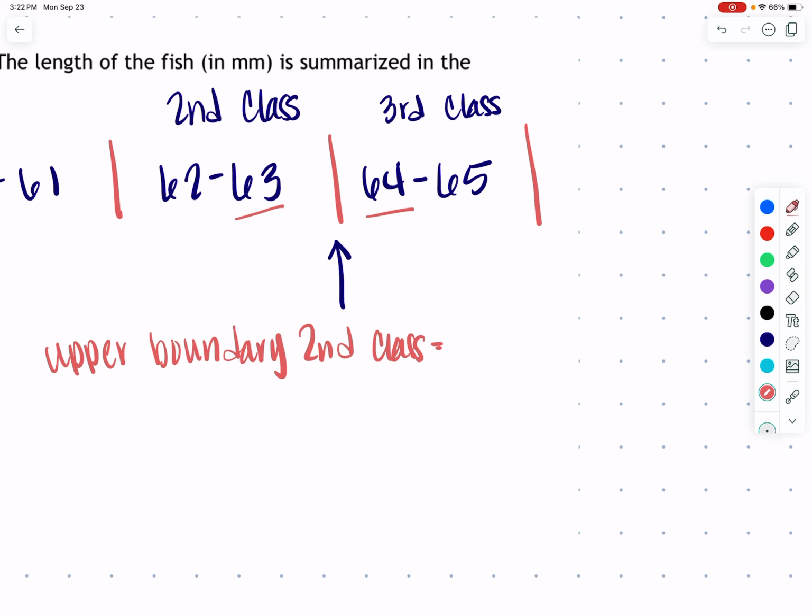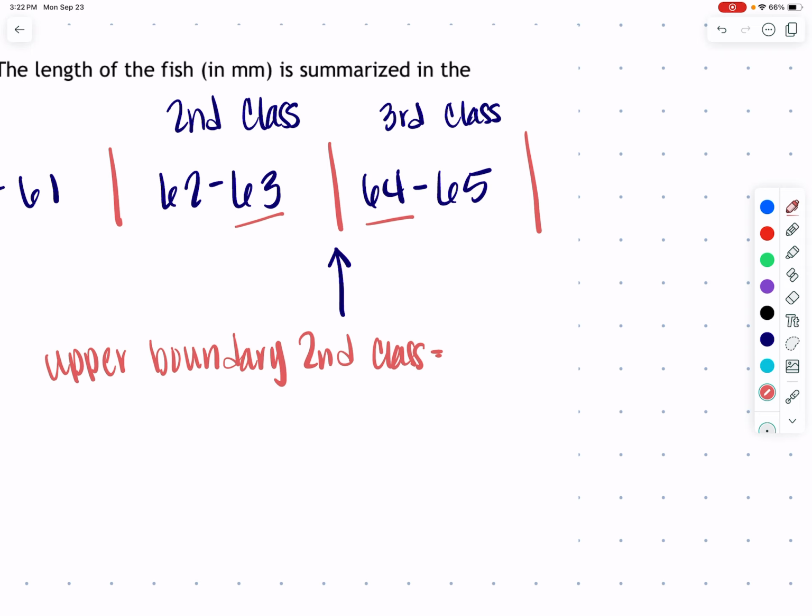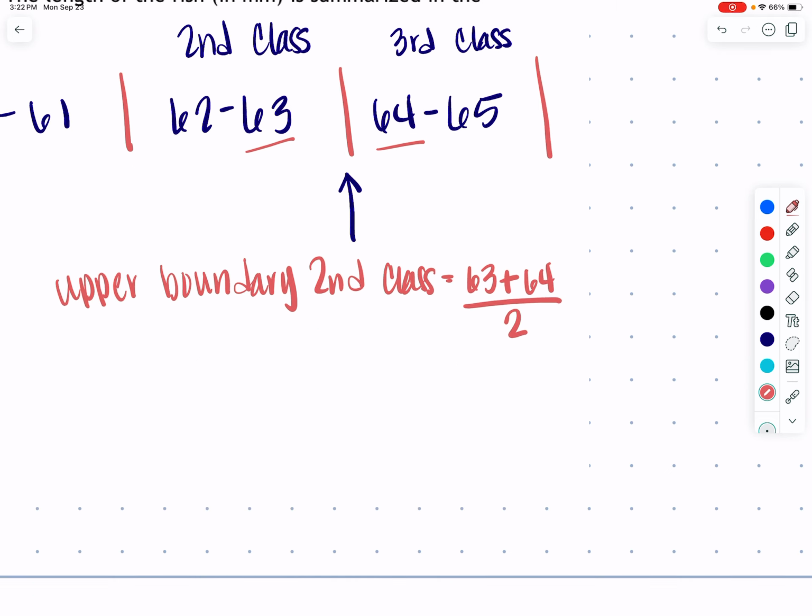So we are going to average the upper limit from the second class and the lower limit from the third class, not a 3, not a 3. And that tells you that the upper boundary for the second class is 63.5.